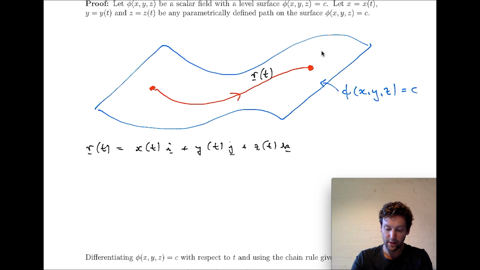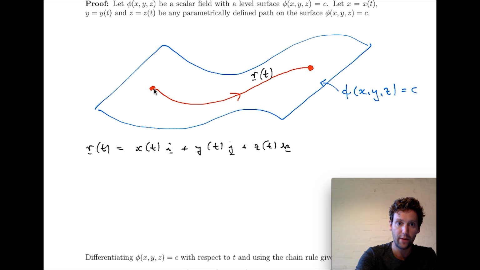So if I take the derivative of phi along my path, what's it going to be? Well, think about it. If I'm at this point, my value of phi is given by c. It has to be c because I'm living on this surface. As I move along here, I'm changing my x's and my y's and my z's, but I'm not changing phi because I'm still on that level surface. So phi is a constant along this path, which means that d phi dt will be equal to 0.